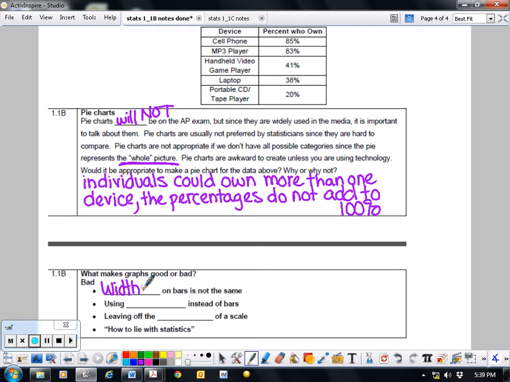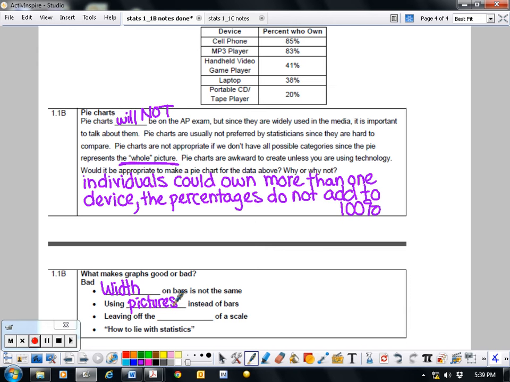And so if you have a different width on the bottom, your eye is registering a bigger area for the wider ones and a smaller area for the not as wide ones. And so it exaggerates the difference between them, and we don't want that. Using pictures instead of bars.